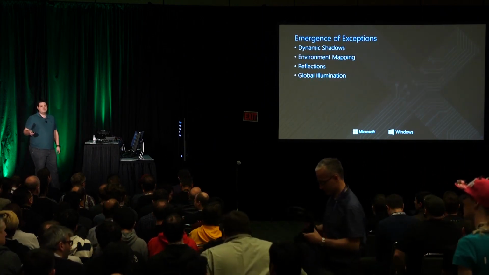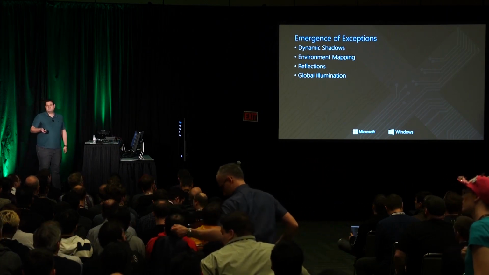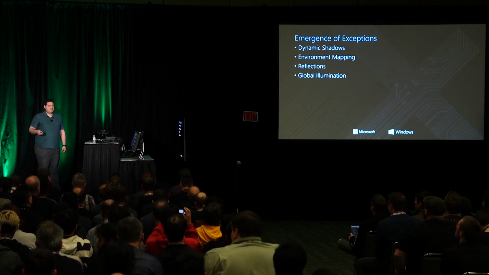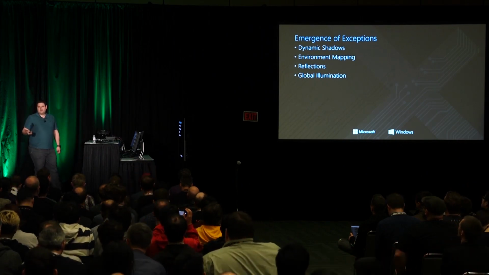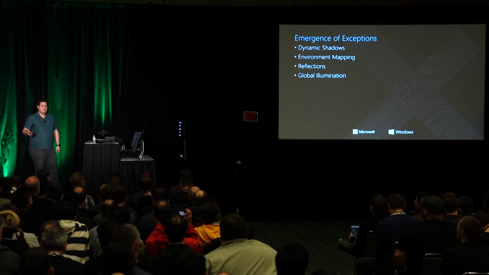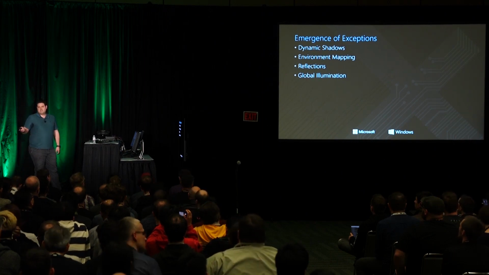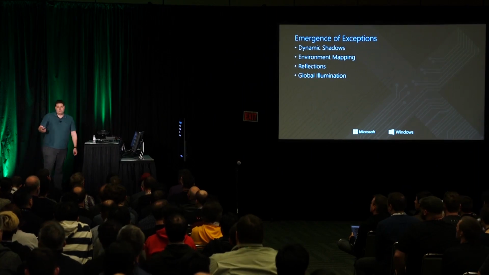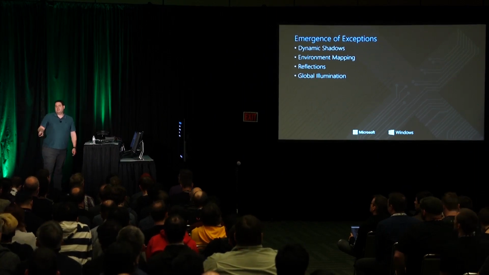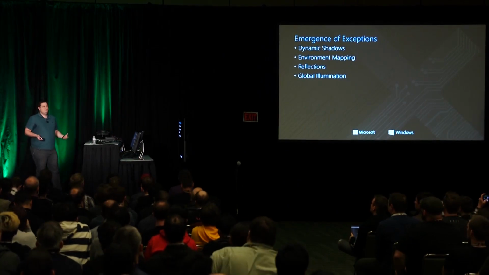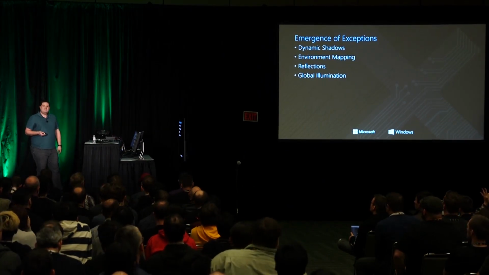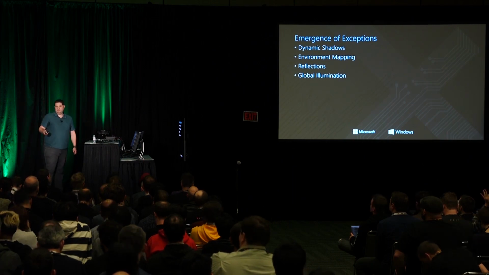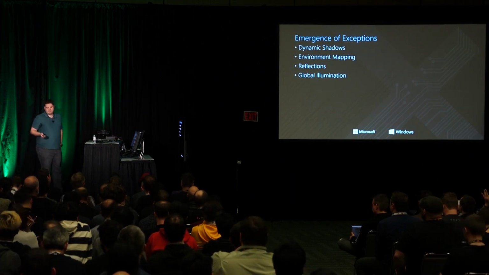There's many techniques that you see in games today where rasterization provides a passable lie, but you usually have to bend over backwards to get decent results, and there's often edge cases that you have to worry about and make a best attempt to fill in gaps. But you can end up with some really weird artifacts. Things like dynamic shadows, environment mapping, reflections, and even global illumination. Rasterization doesn't really cut it. It's a passable technique, but ray tracing is really the holy grail of producing all these techniques.